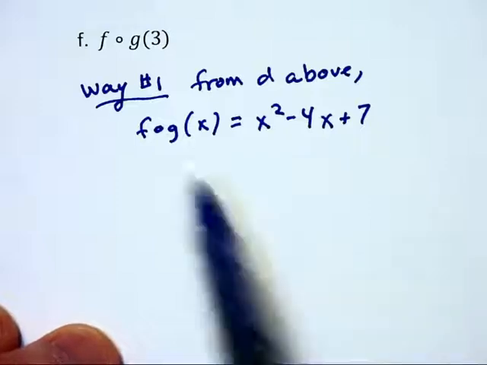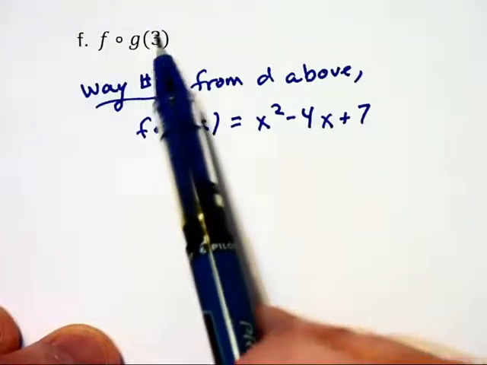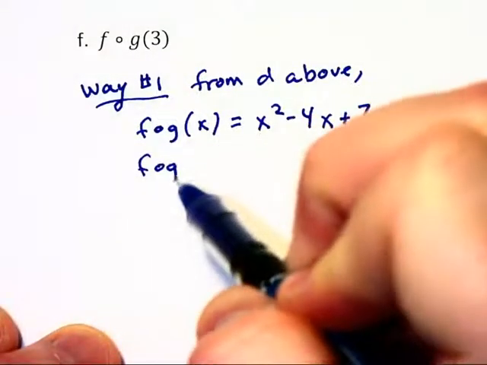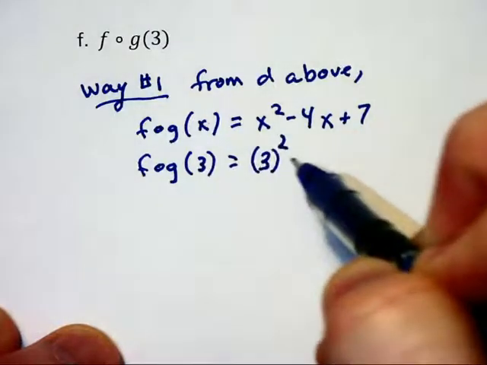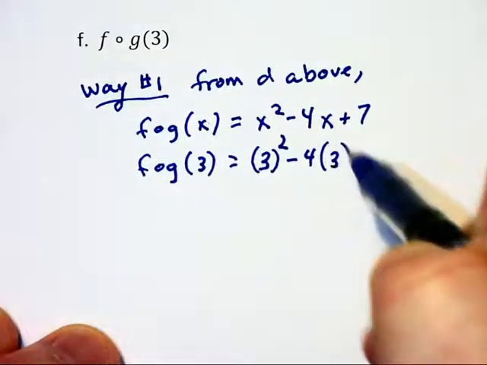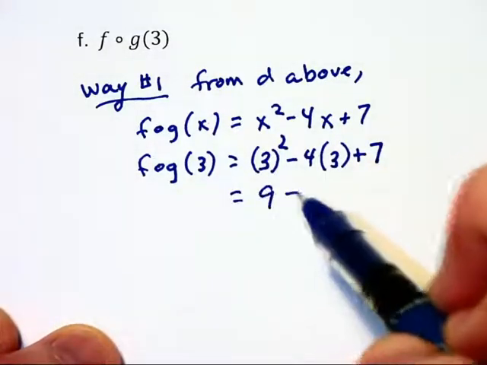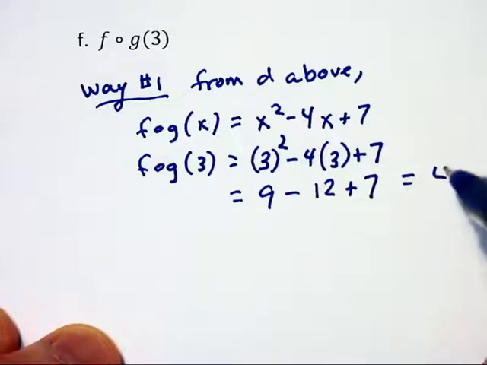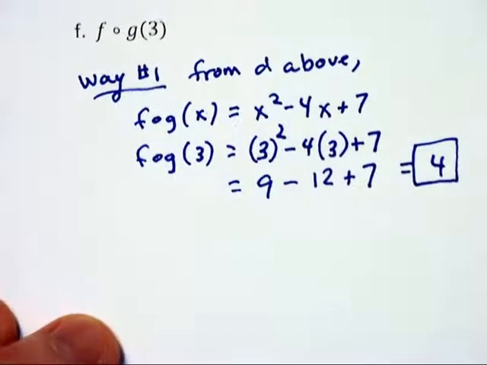We already know what f composite g is for any value of x, so we can substitute 3 in for x here and say f composite g of 3 will be 3 squared minus 4 times 3 plus 7. And that will equal 9 minus 12 plus 7, which is going to equal 4. That is one way to do it, but you already have to know what f composite g of x is.